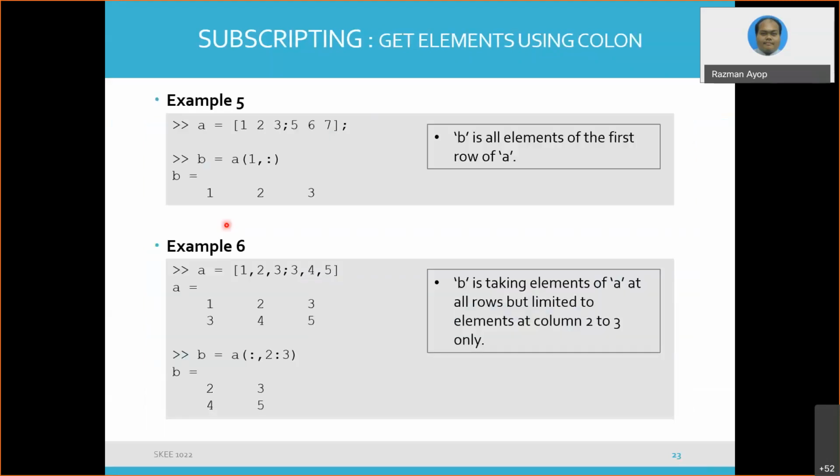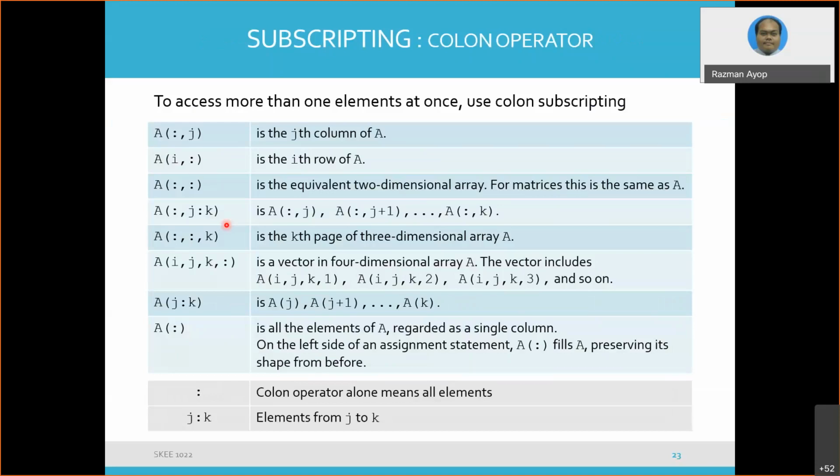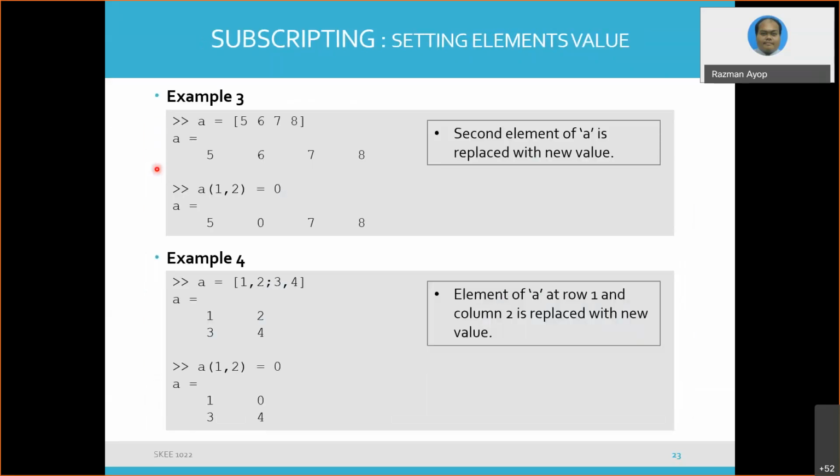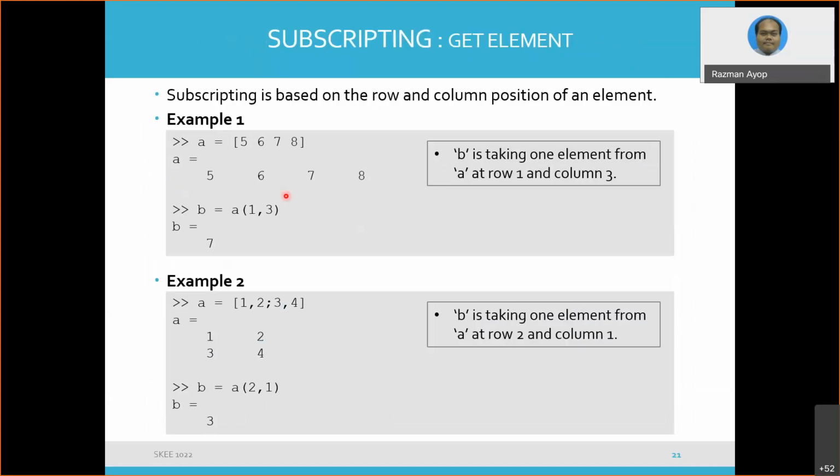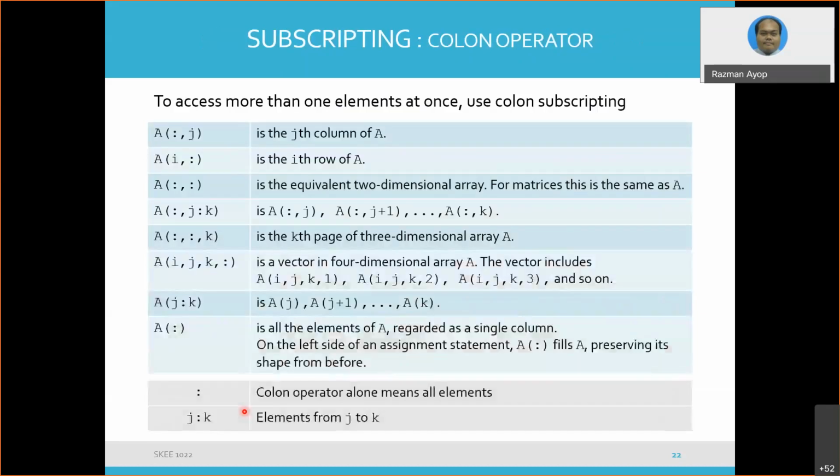Previously you just accessed a scalar, meaning one number. In the next example, you collect a vector of numbers. Instead of using a single location, you use a colon here. So how to use it?